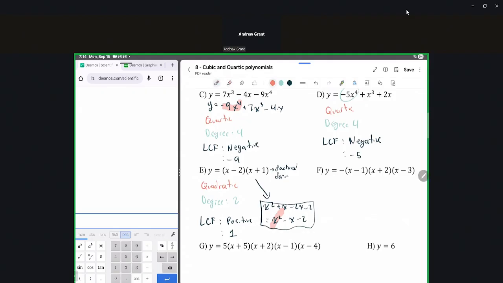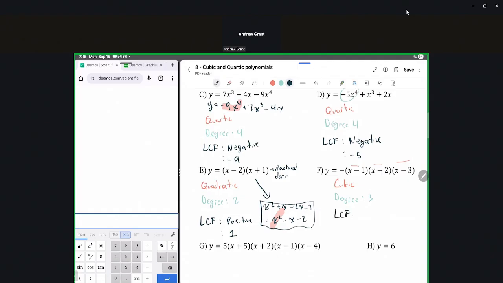What about letter F? We have y is equal to negative x minus 1 times x plus 2 times x minus 3. Again, we can see that this is a cubic, because we have 3 x terms all multiplied by each other. And because it's cubic, we note that it's a degree 3.